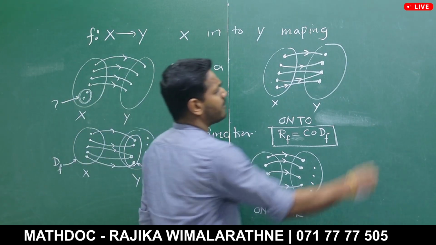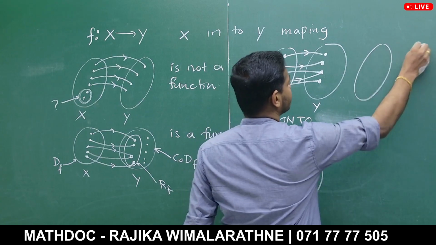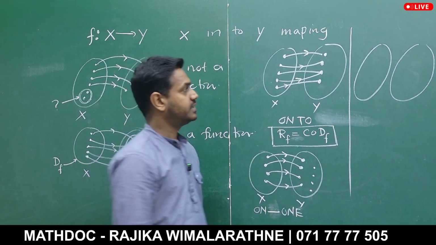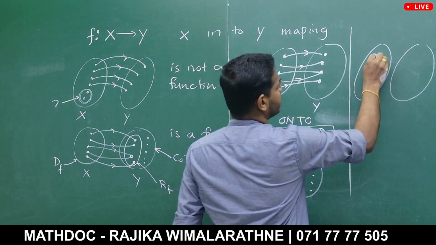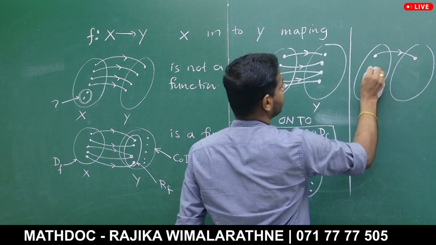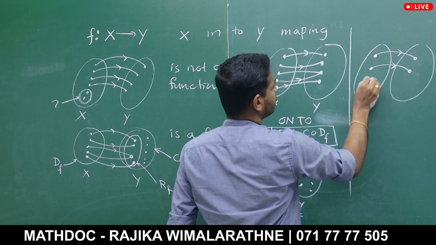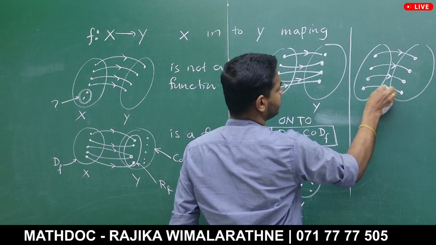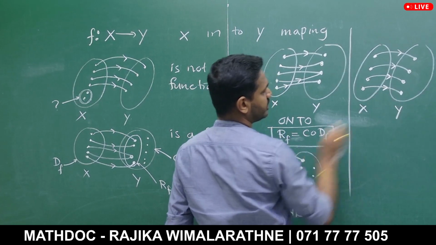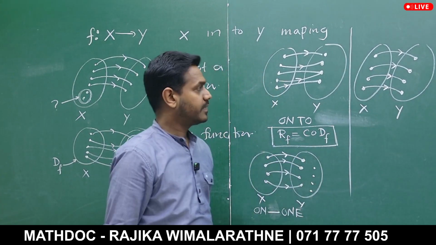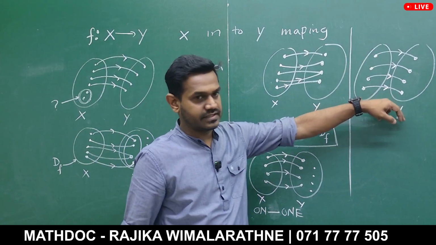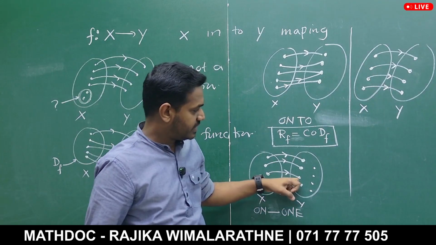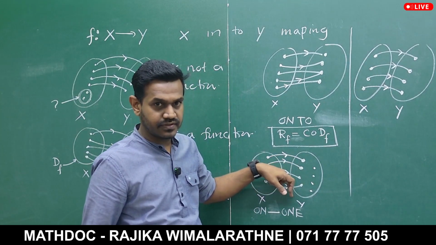Further you see this. Here one element has one output, one element has one output, one element has one output. And further, we don't have any extra values there. Here one element has one connection, no extra values. But here one element has one connection, but there are some extra values, no?